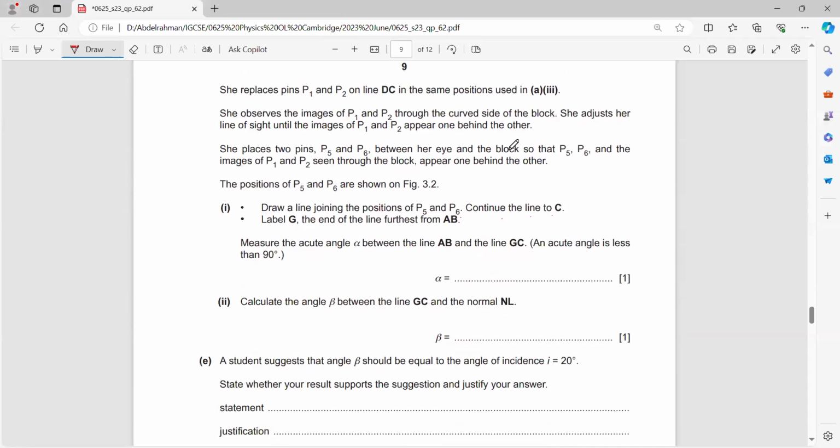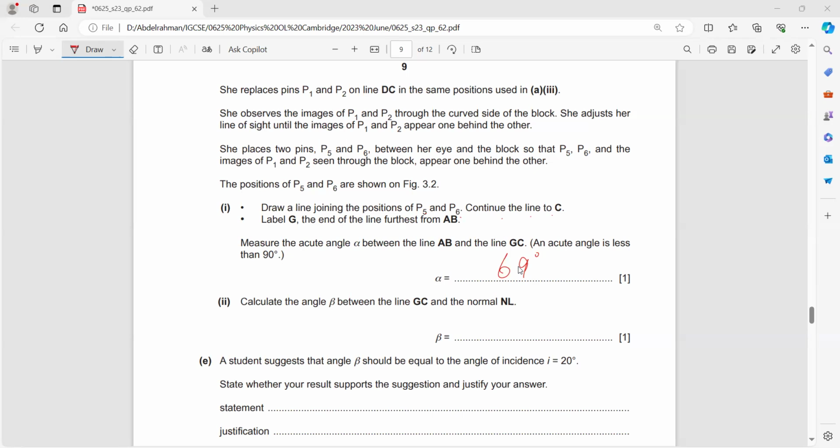If you get 70, it's okay. If you get 68, okay. Usually in these measurements you have a very small range, usually plus or minus 1 or 2 from the actual angle.